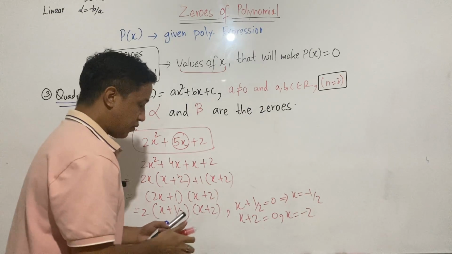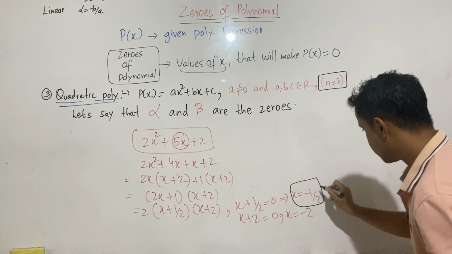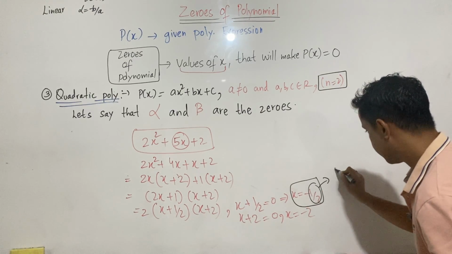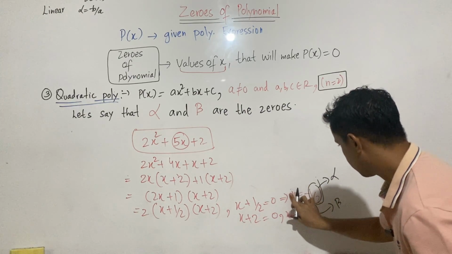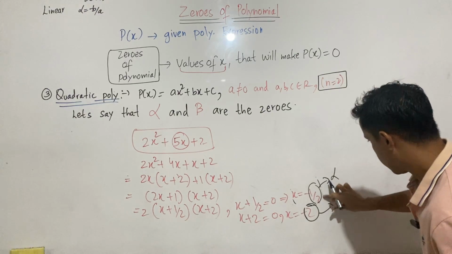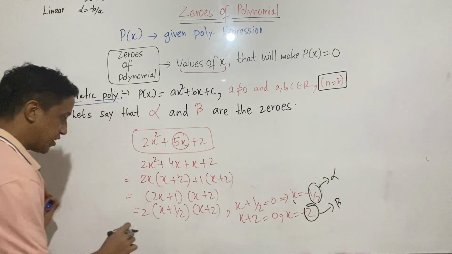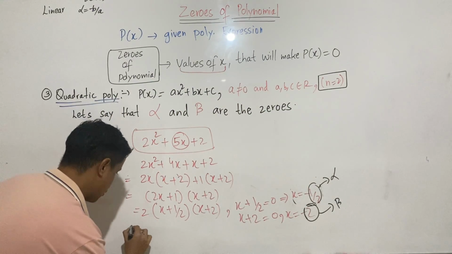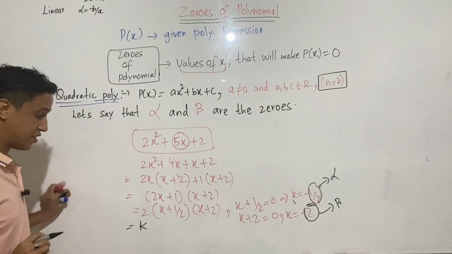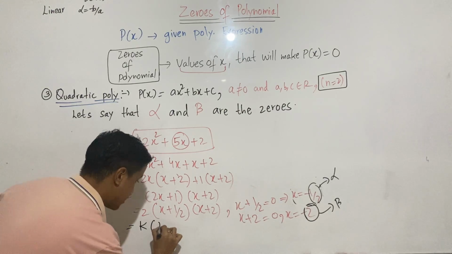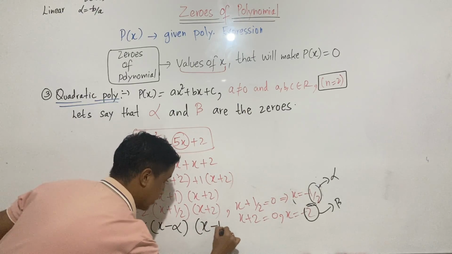So if this value is alpha and this value is beta, these two can be written as a constant k, right? And can I write here x minus alpha and x minus beta?